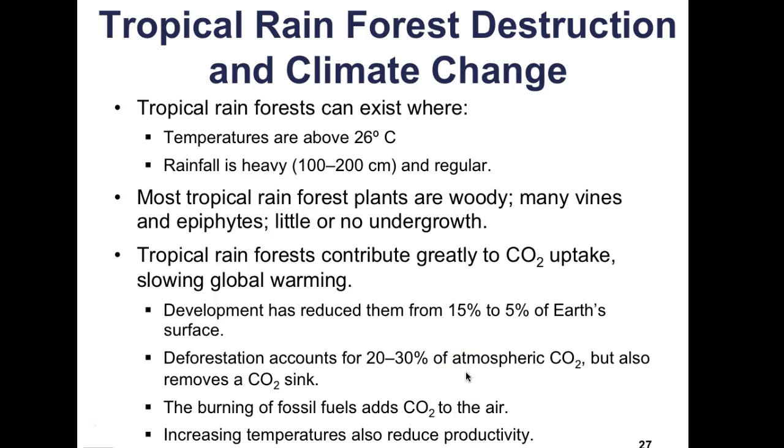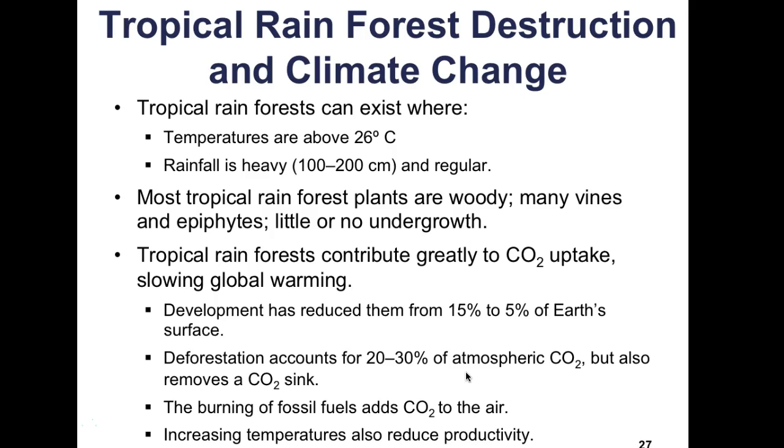So tropical rainforest destruction, a little bit of ecology and environmental science thrown in here. Tropical rainforest destruction and climate change. Tropical rainforests can exist where temperatures are above 26 degrees Celsius and rainfall is rather heavy, ranging from 100 to 200 centimeters and regular.